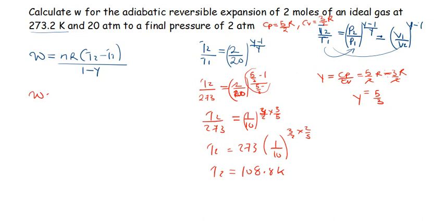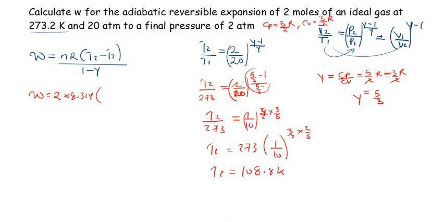So we know work will be given as change in moles. We have 2 moles, right? Then the gas constant that I'll use here, I can choose. Since there are no calories, I'll use 8.314, so the units will cancel and result in joules.